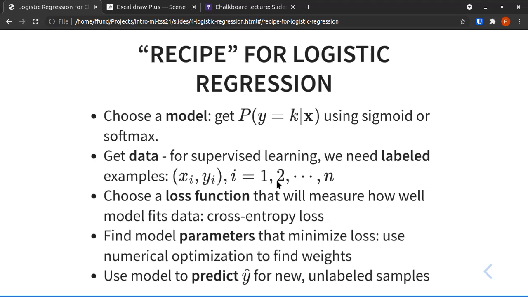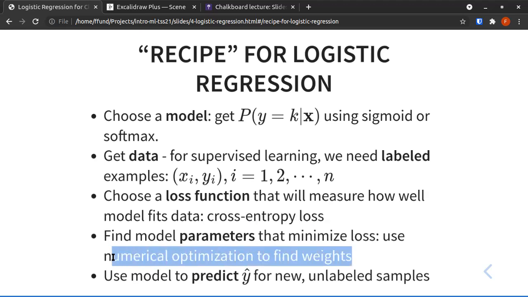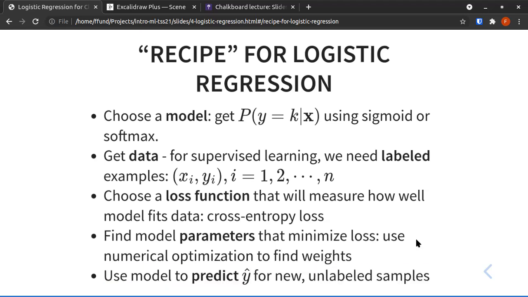We're going to use a set of labeled examples to fit the data to minimize a cross entropy loss. We can use some numerical optimization procedure like gradient descent to find those weights. And finally, we can then use our model to predict y hat for some new unlabeled samples.